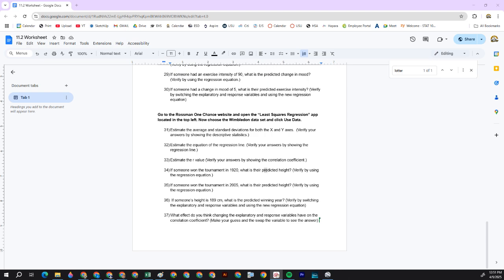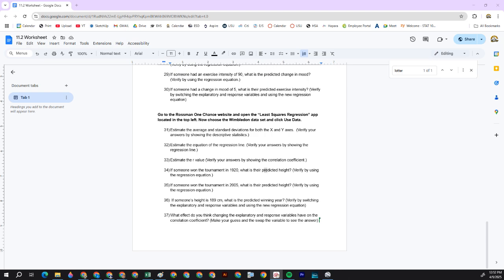Oh, sorry, I didn't draw the line. So the least squares regression line is going to go through the center of every column. So I look at all the columns and I put a center in there. And then I sort of draw the line that goes closest to the center of all those columns. Okay? And that's the line we use to make predictions.